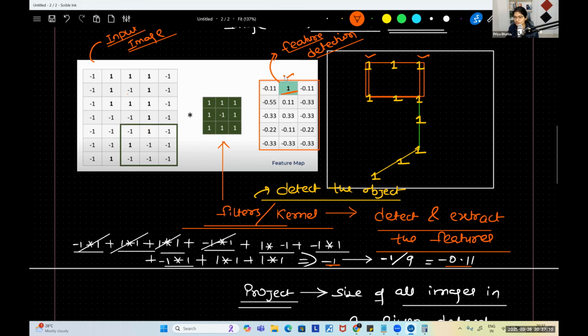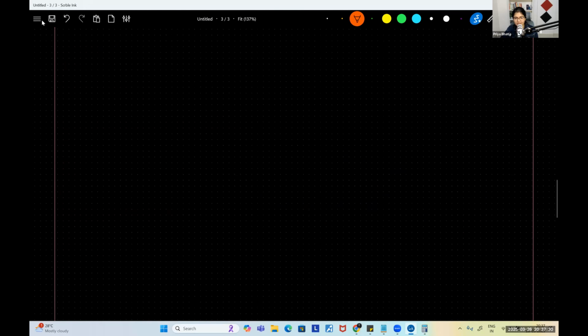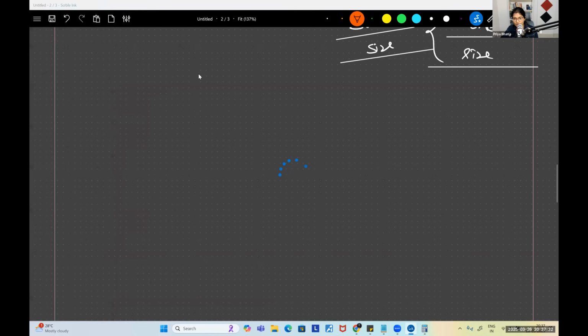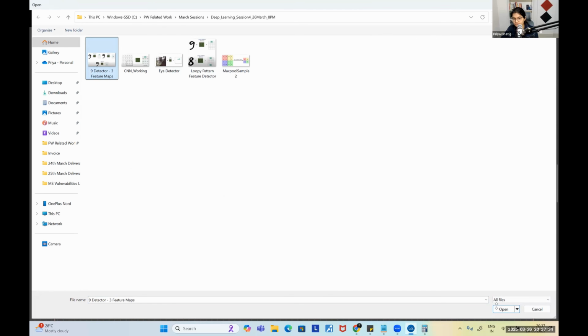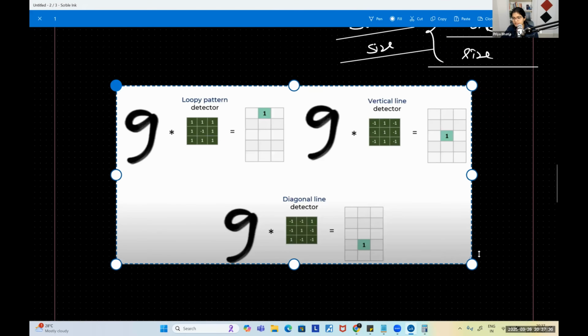That is an indication that an edge is available at the spot of 9. Similarly, to detect this straight line or this diagonal, we have different filters. Now I will showcase one bigger picture and then you will get better clarity of what I am saying over here. Check this.